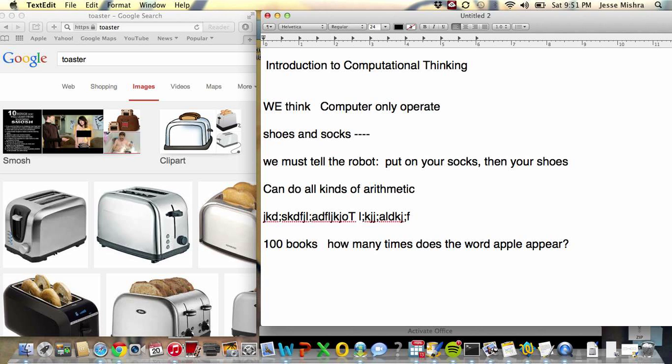It isn't very interesting, and you can solve that problem. You can read all those books and look for the word apple. And most humans will actually get that wrong, simply because it is such a boring task that ultimately they will zone out. Computers, on the other hand, never zone out. They will happily go through all 100 books and count every single occurrence.